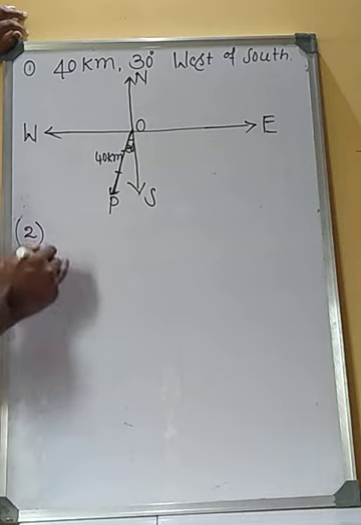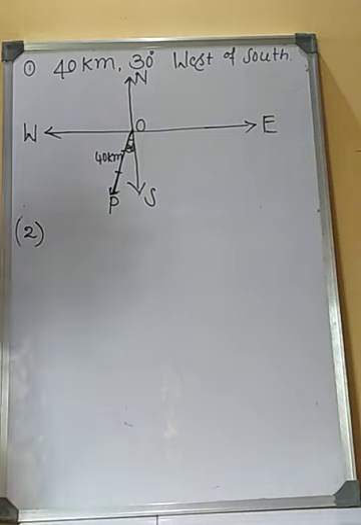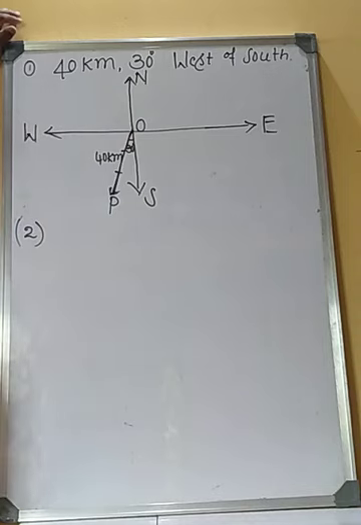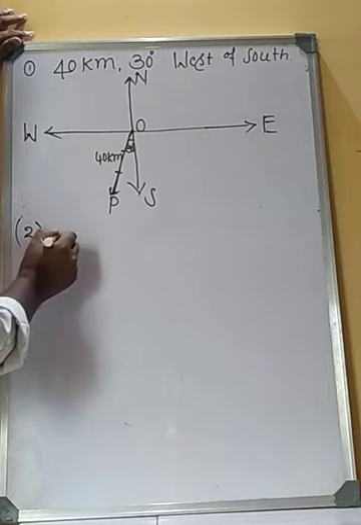Similarly, example 2. Represent graphically a displacement of 40 kilometer 30 degree east of north.